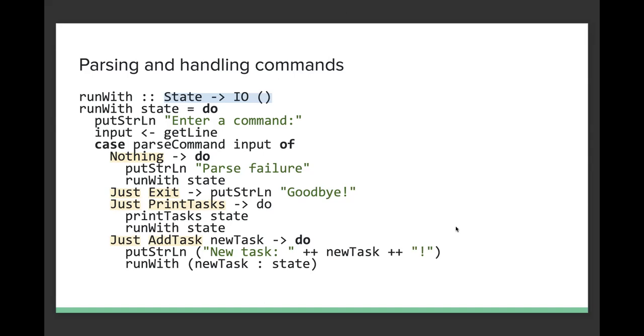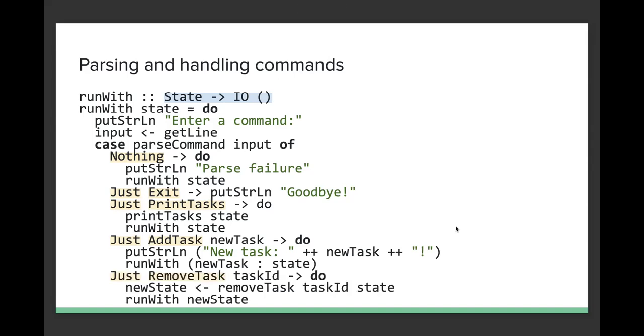Then we print that there is a new task and we add it to the state when we do the recursive call. And if we have a remove task, again, imagine that I did not forget the parentheses, we call some function. I did not implement it, but you can imagine that I have. And then we get a new state where this task is removed, and we run recursively with that new state.